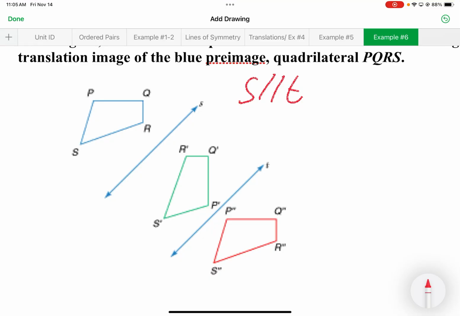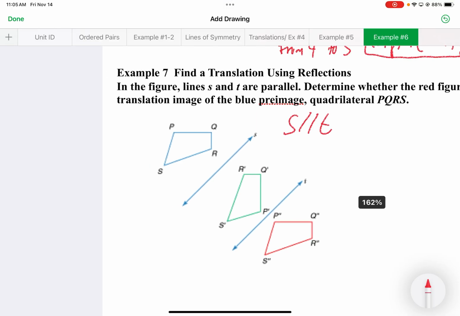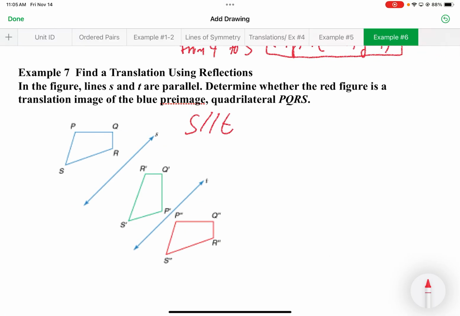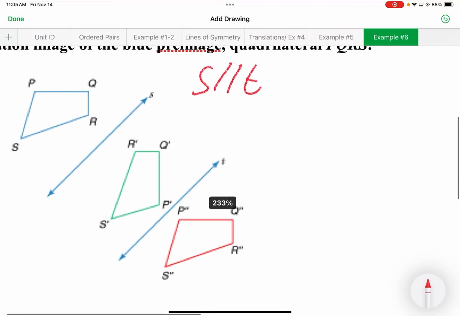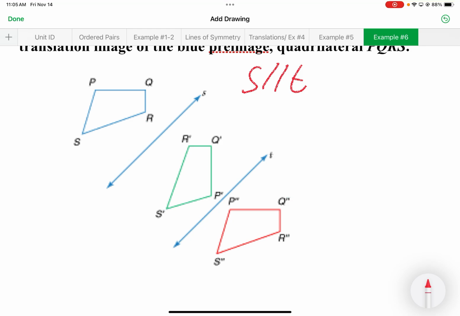What do you notice about my red figure and my blue figure? They're the same. And what can you tell me about the orientations? It's the same as the original, right? So we could say yes.